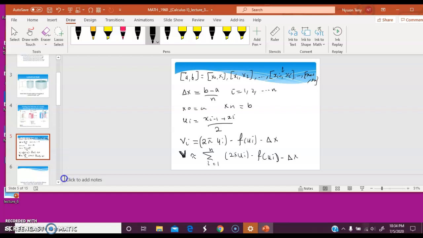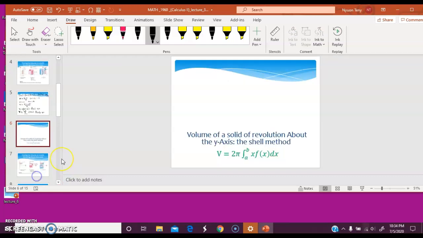In order to find the exact volume, we take the limit. The volume exactly is the limit as n goes to infinity of the summation from i equals 1 up to n of 2 pi u sub i, that's the circumference, times f of u sub i, that gives you the height, times delta x.